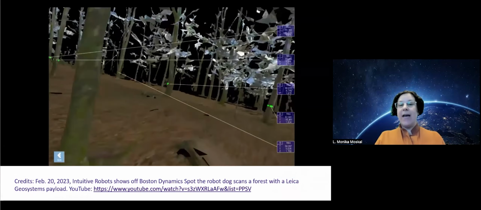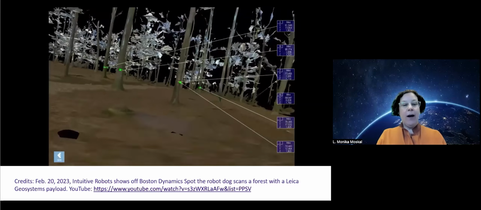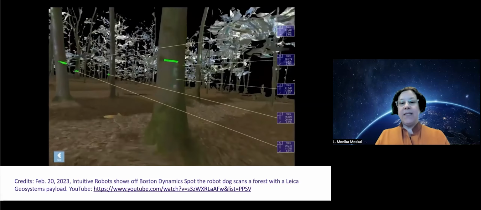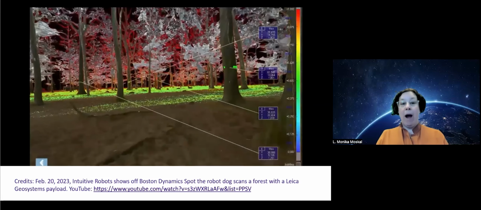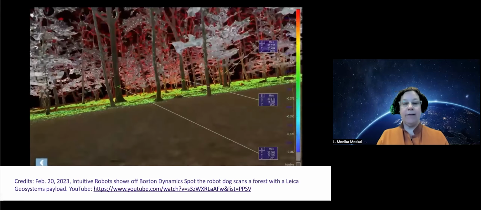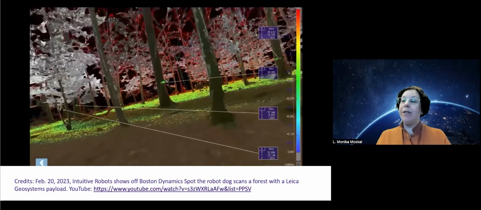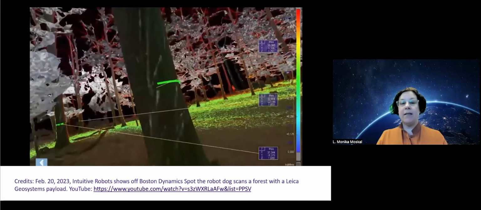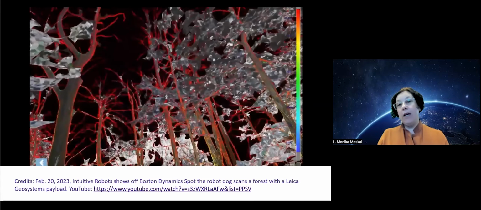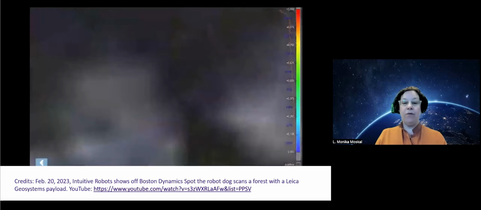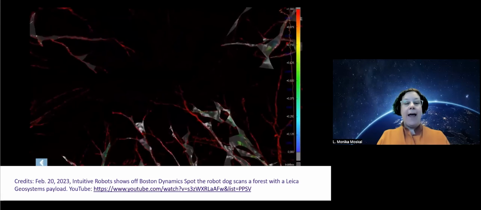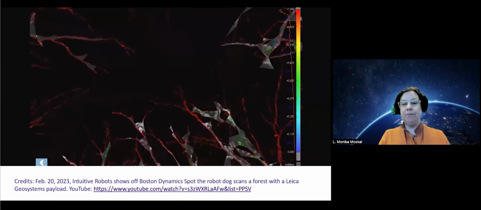Now, these sensors have been around for a while. This particular sensor is mounted onto this robotic device. The work that I do mainly focuses on the data that we collect with these type of LiDAR or light detection and ranging sensors.